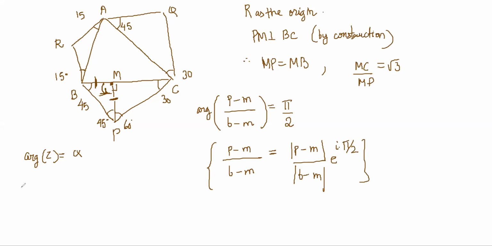Then can I say Z complex number will be equal to mod Z into e power I alpha? This is a reasonable statement, no? This is a statement about the angle that Z makes with the positive x-axis, right? Correct? So if you know the angle, then you can write the complex number in the r e^(i theta) form like this, right?